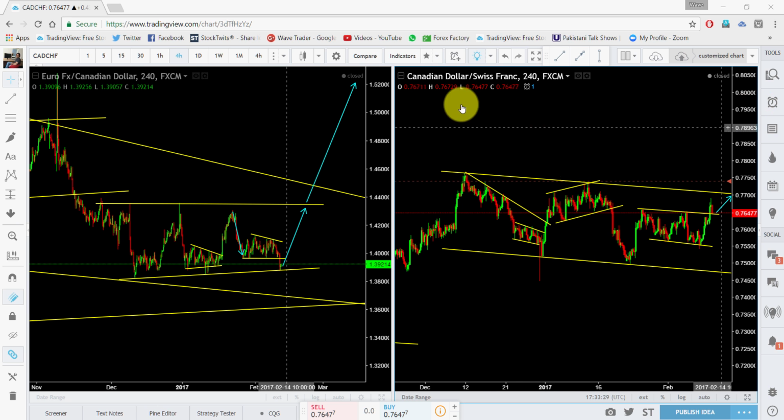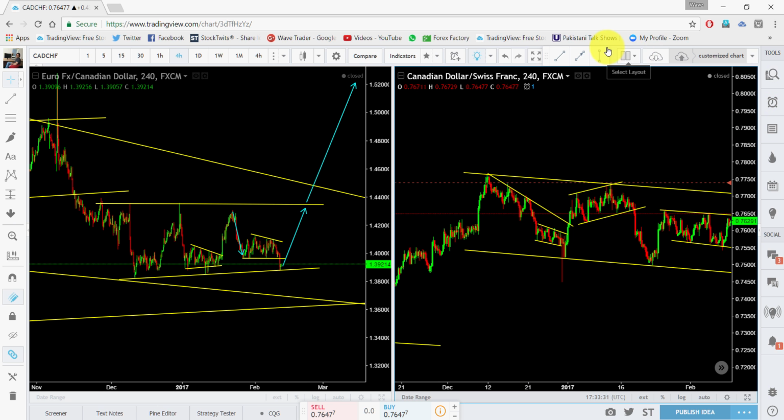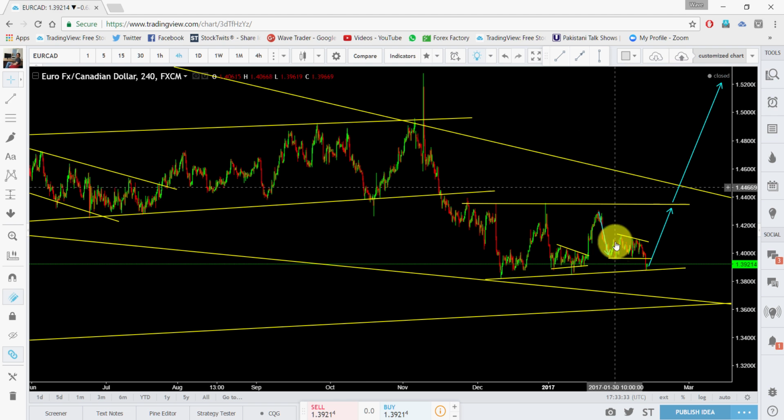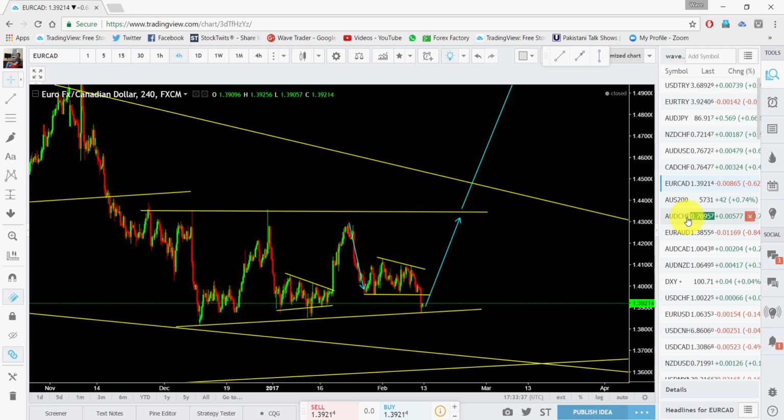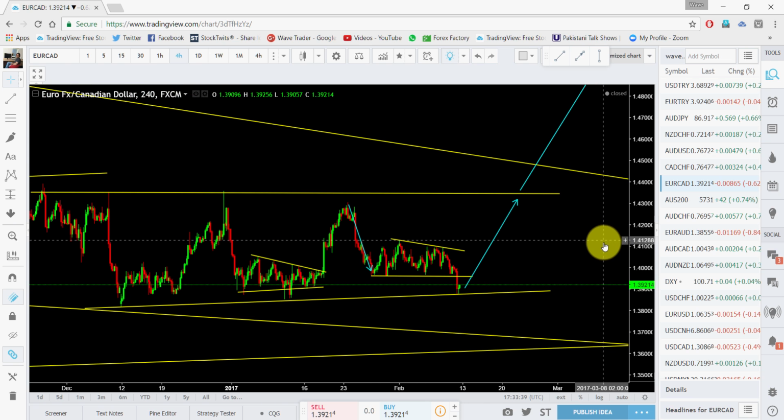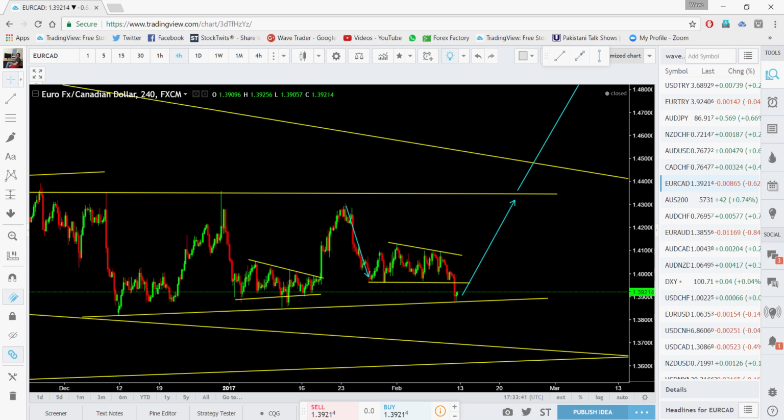So we will look for a sell, and we will look for a buy here at the bottom. It is very much possible that next week we're going to get price action here at this place, quite similar to the previous one.